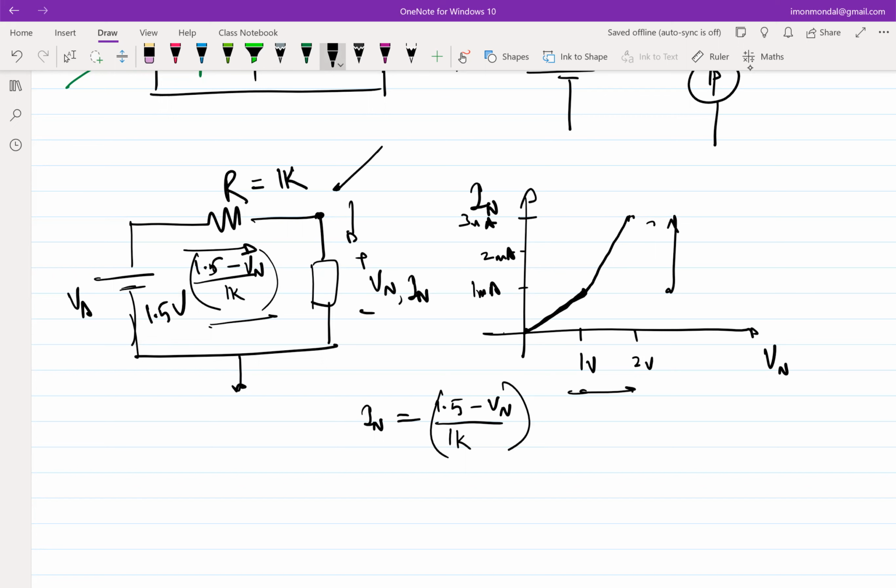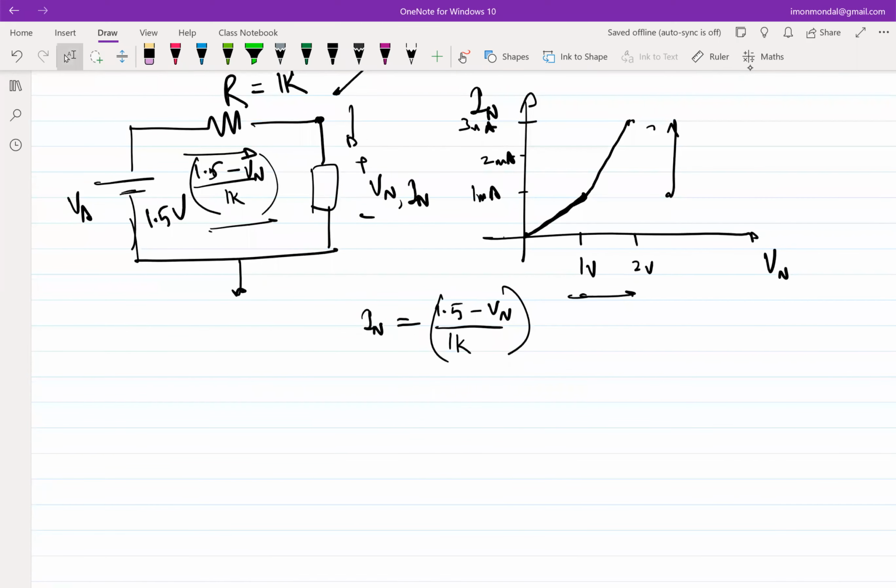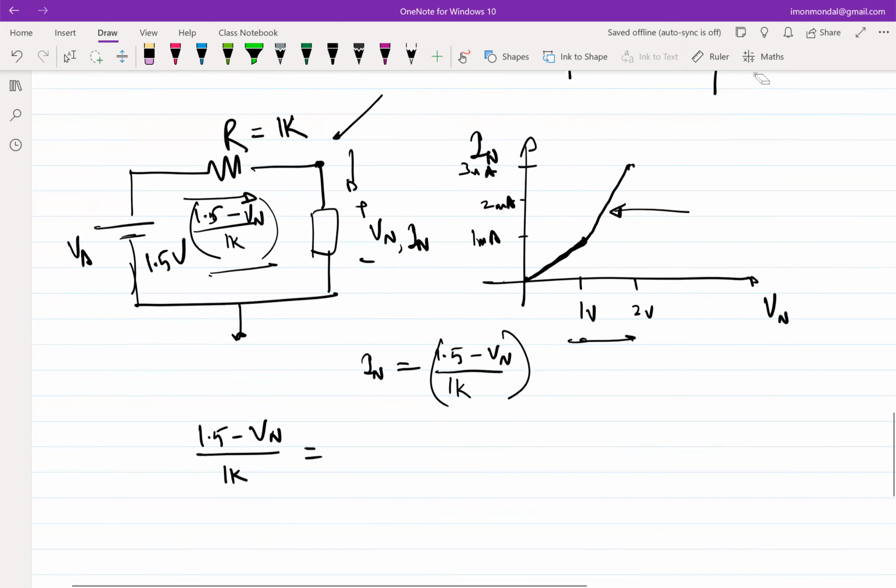And if you assume that, what do you get? You get 1.5 minus Vn by 1K will be equal to this straight line. What is the equation of this straight line? You have the slope, you have the points. The equation of the straight line should be very easy, right?